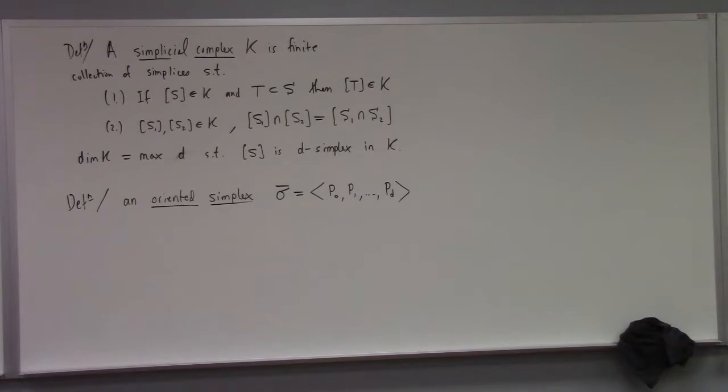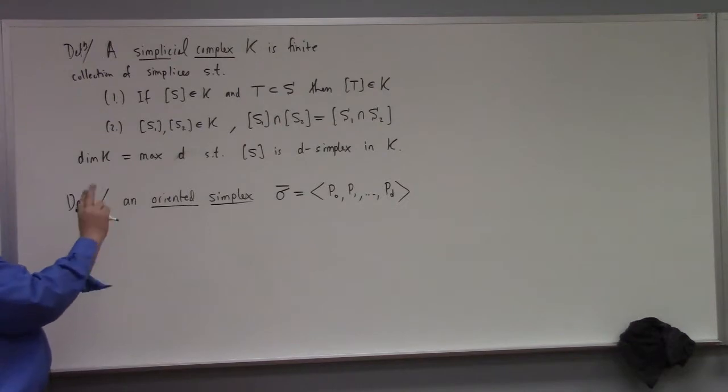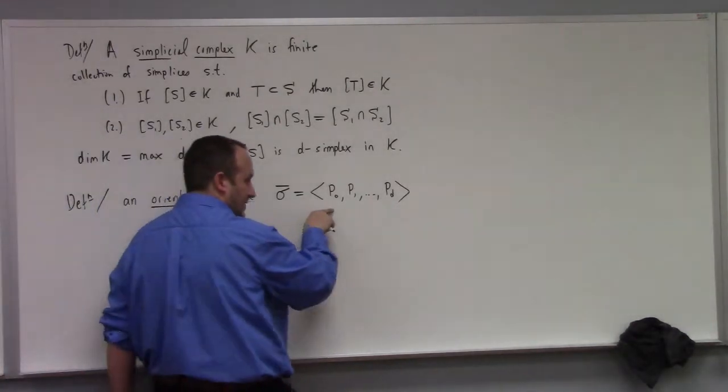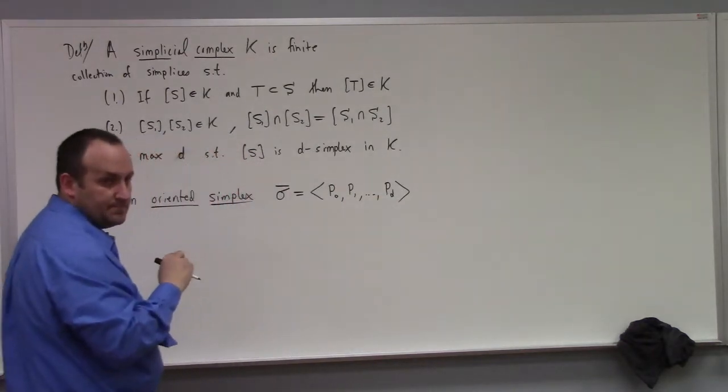Now an oriented simplex, we could have been saying oriented simplex all along. What's the difference? The difference is just that we put the things in S in order. So there becomes a distinction between this and if I were to switch the order of the vertices. This is the simplex with the vertices in this order, P0 to PD.